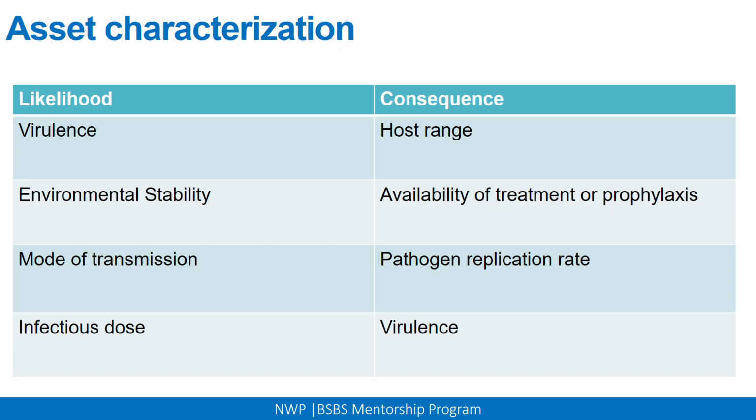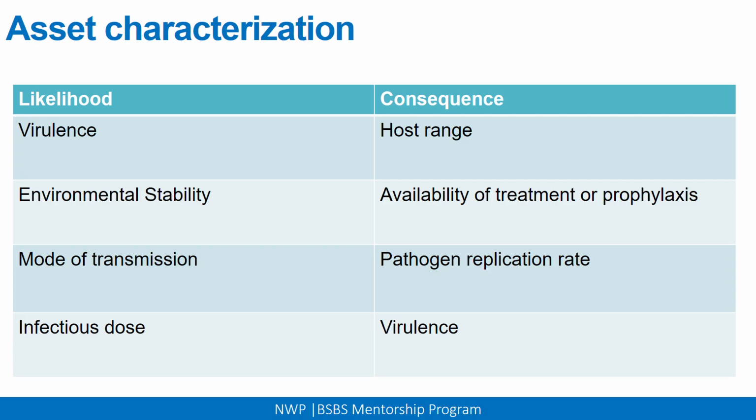such that the consequence will then be greater, because a lot of hosts, people and animals and everything, will be affected, and a lot of people may die, a lot of animals may die, and therefore there's this population impact where a lot of people may die at the same time, and therefore the impact will be greater as compared to something which can only infect humans.